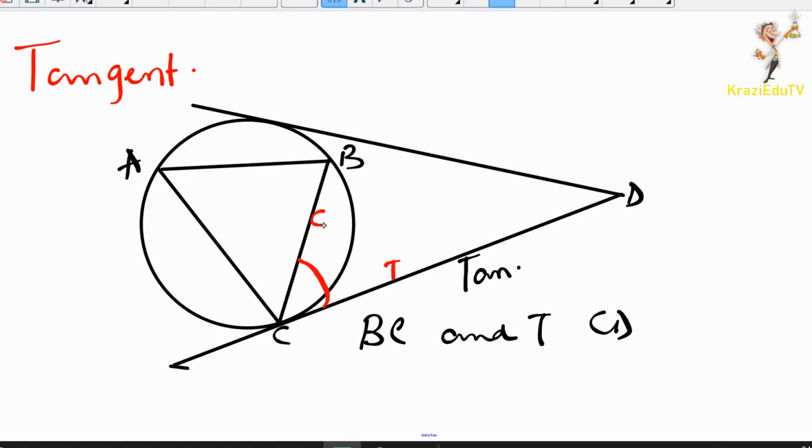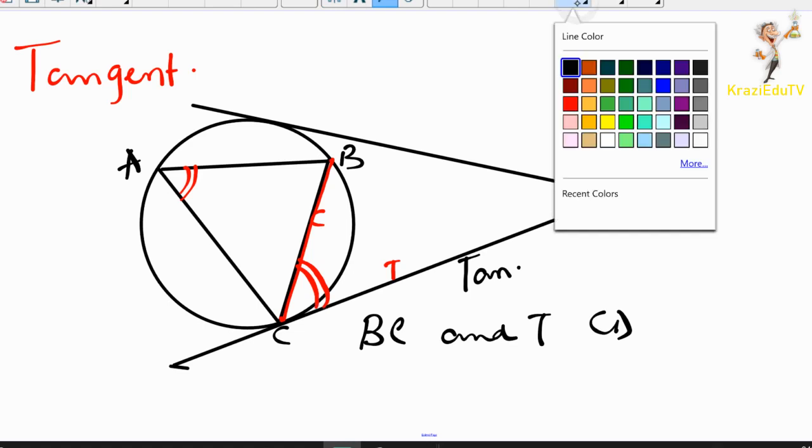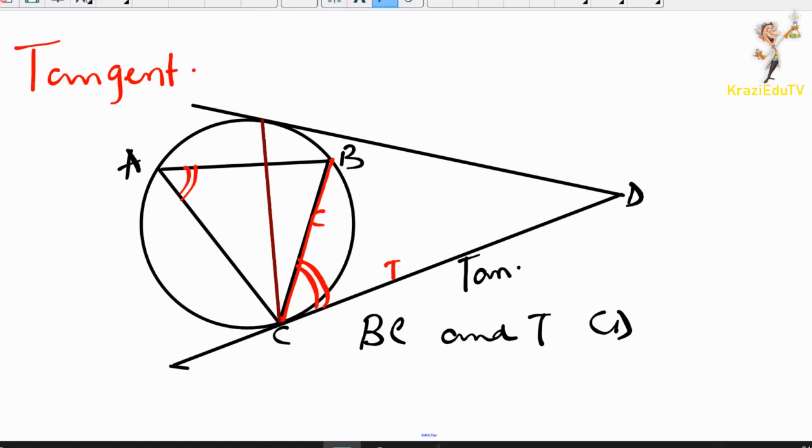Now we trace chord BC and see which angle BC forms. They meet at angle A. It means this angle here is equal to that angle, and that's your tan-chord theorem. I want to do something here quickly and put another line here.